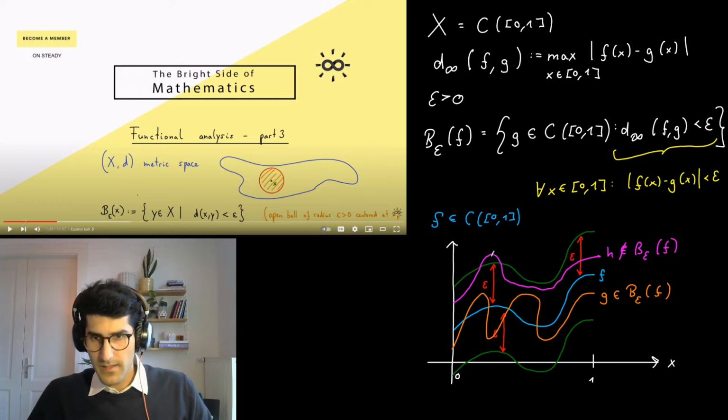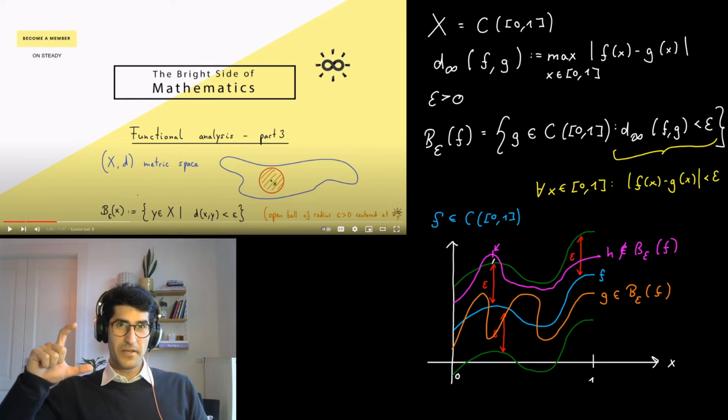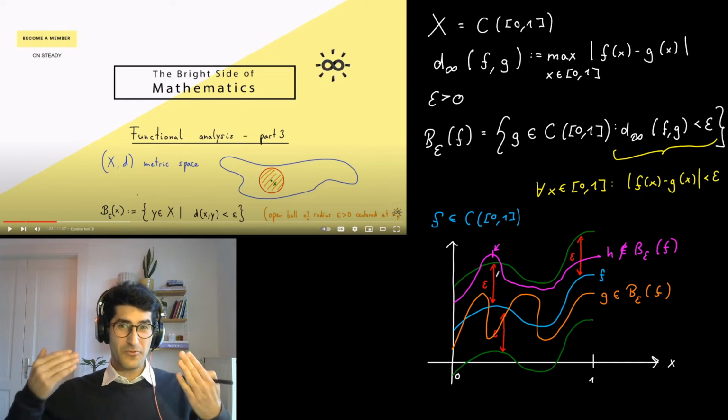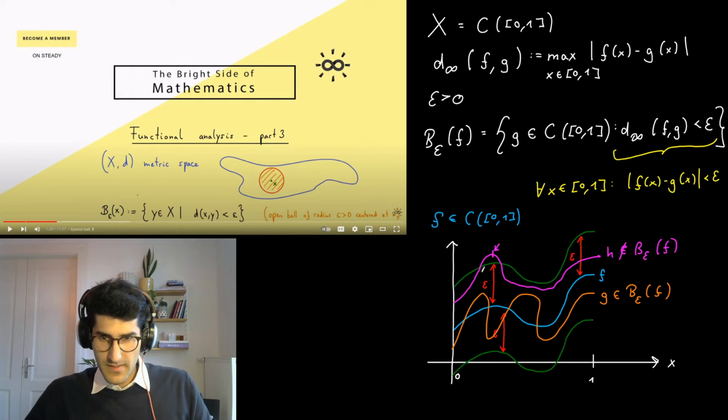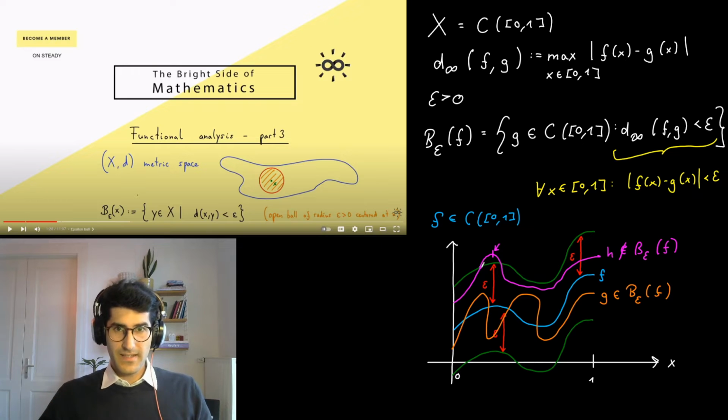Why? You can see it here at this position. Here, the distance between h and f will be greater than epsilon. Same happens here at this intersection. Here, the distance will be exactly epsilon, which is still bad if we want to lie inside the epsilon ball around f.